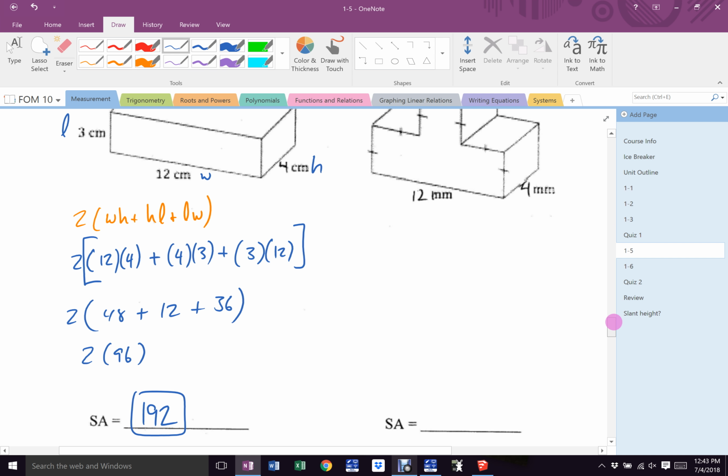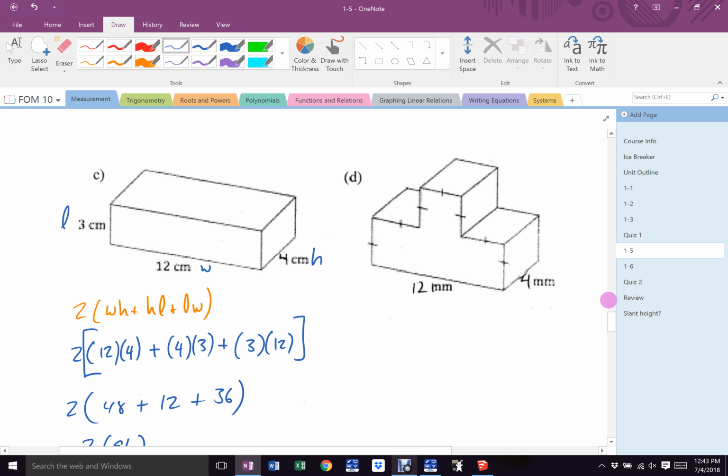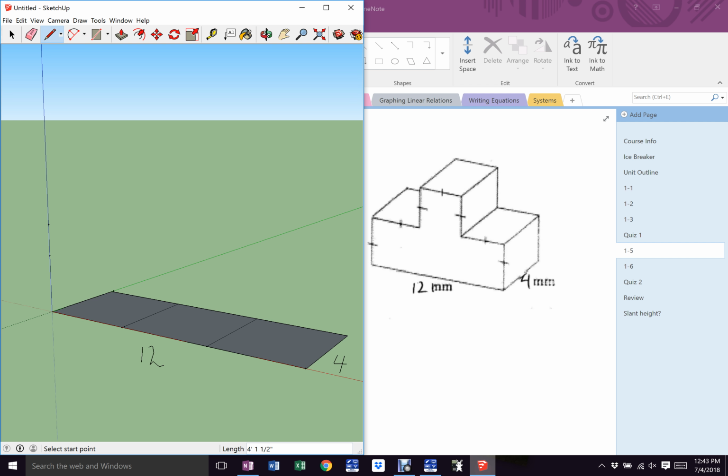Now we come to an issue. There is the shape with which we are dealing, yes? Now, observe what I have built for you here. That gray rectangle is 12 by 4, just like the bottom of this. Does everyone agree? Okay.